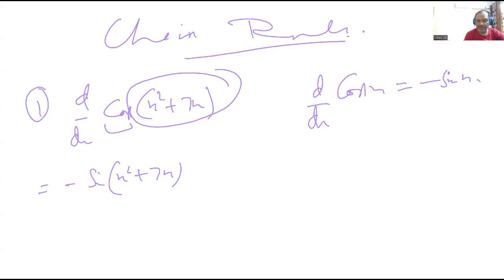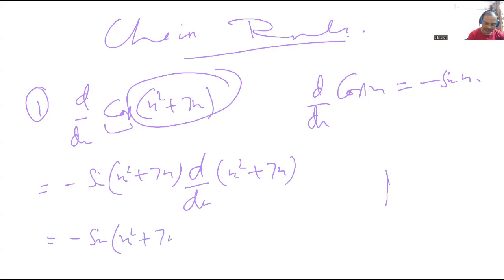But the thing here is that x squared plus 7x is not x. It is actually x squared plus 7x. Therefore, what you have to do is differentiate this again. This is dy dx of x squared plus 7x. Now, what will happen? If you differentiate it, you will have minus sine of x squared plus 7x times, if you differentiate x squared, it will give you 2x.